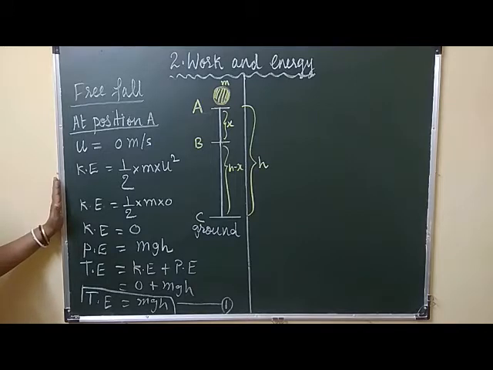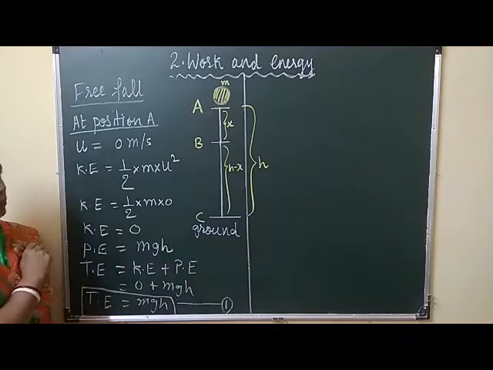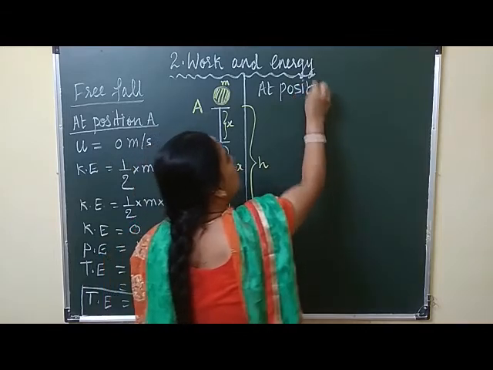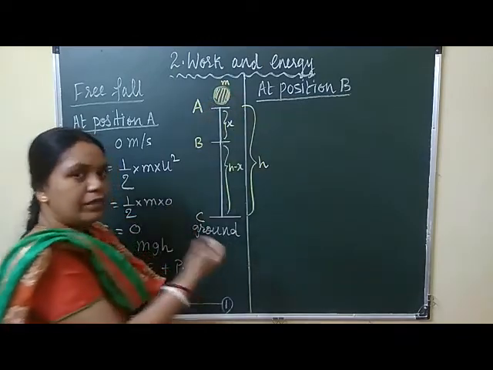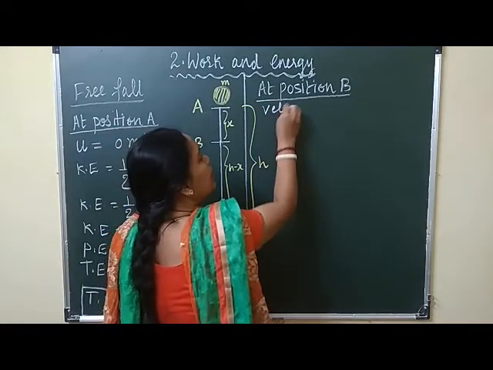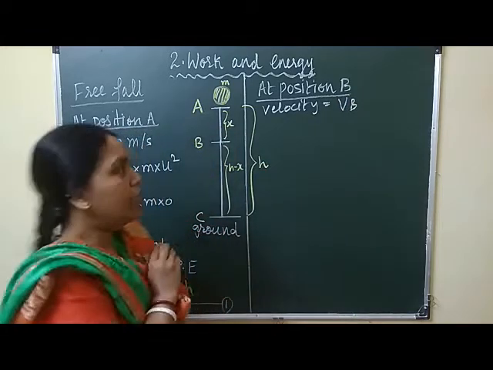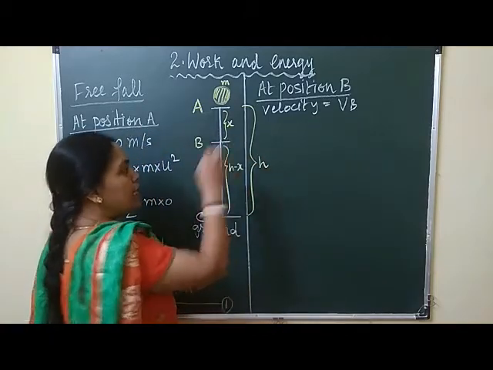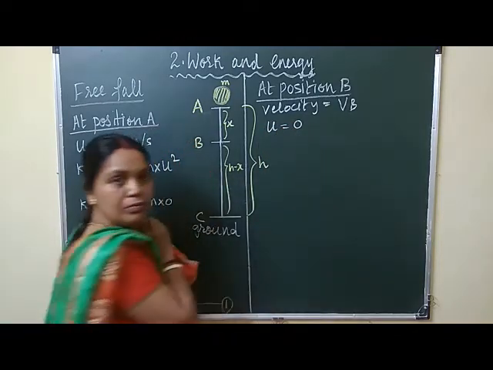Now we have to calculate the total energy at position B. Here at position B, the object is coming with a velocity. So we can consider the velocity at position B as VB, the velocity at position B. This time its initial velocity is 0.